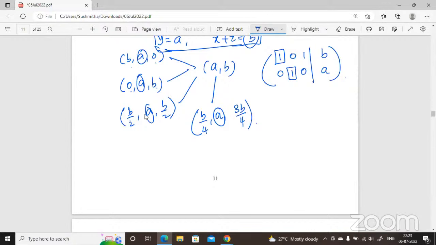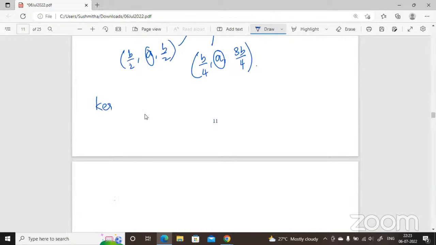Yes. Okay. Thank you. We haven't done that yet. So what is the kernel of a linear transformation? This is similar to the null space of a matrix, right?